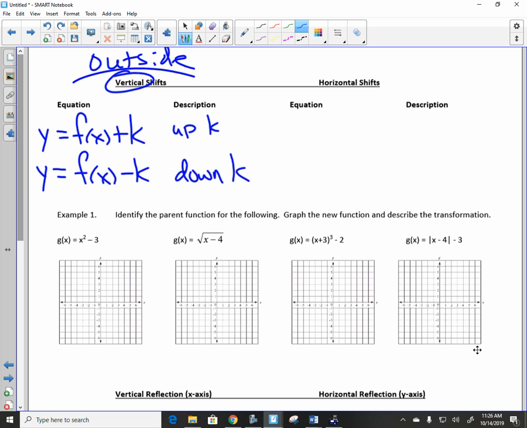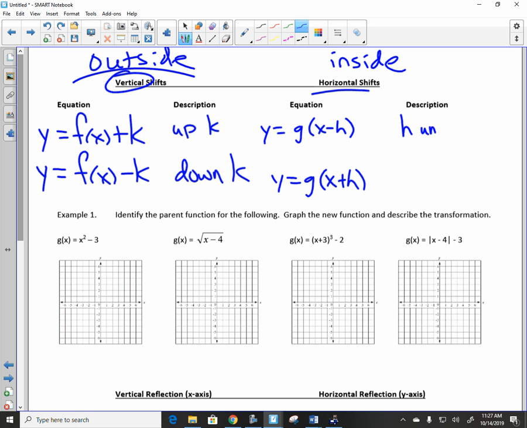But when you have something on the inside, it affects it horizontally. So y is equal to g of x minus h, or y is equal to g of x plus h. When you have something on the inside, it has a horizontal impact.